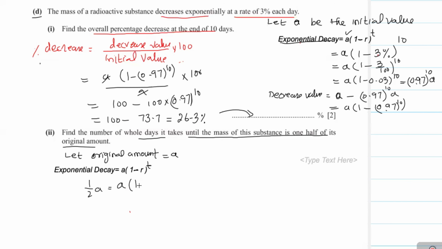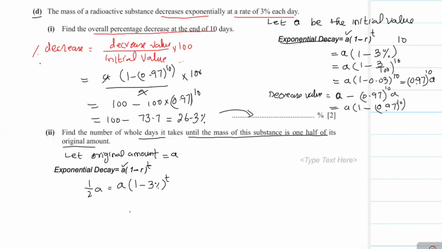I write here 1 as it is, r is 3%, and power t. You should remember original amount and initial amount are the same thing, and the formula is a into 1 minus r power t.